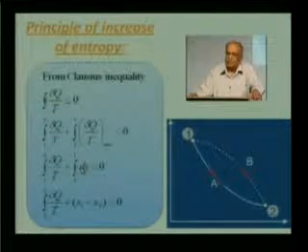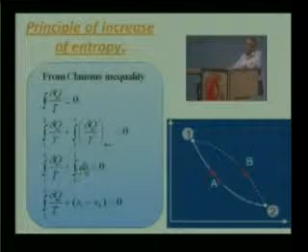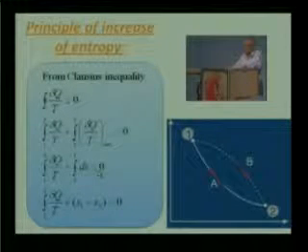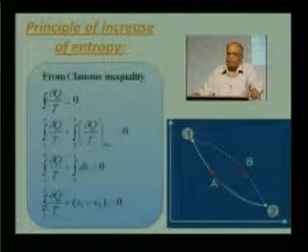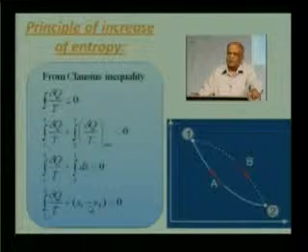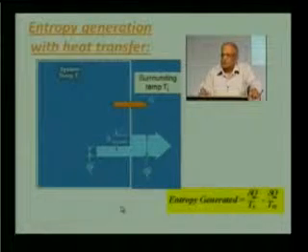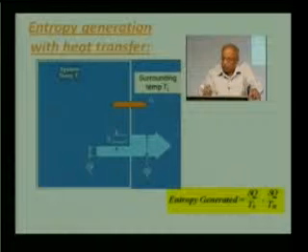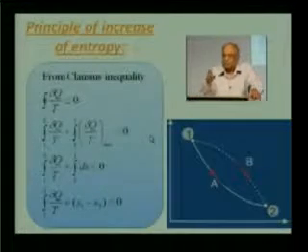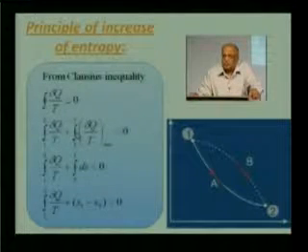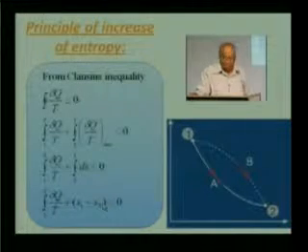We can replace it by ds, and we can write this equation as the integral dq by T from 1 to 2 plus S1 minus S2 should be less than 0, and that shows that the change in entropy during an irreversible process would always be more than 0.